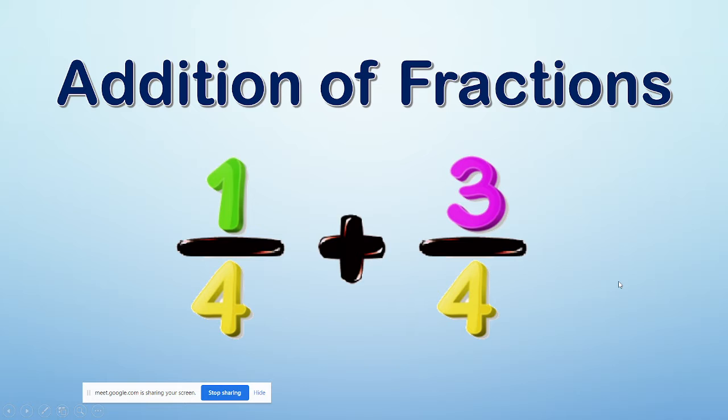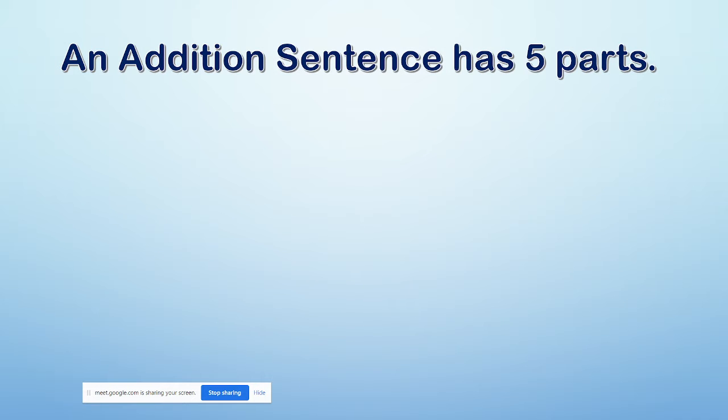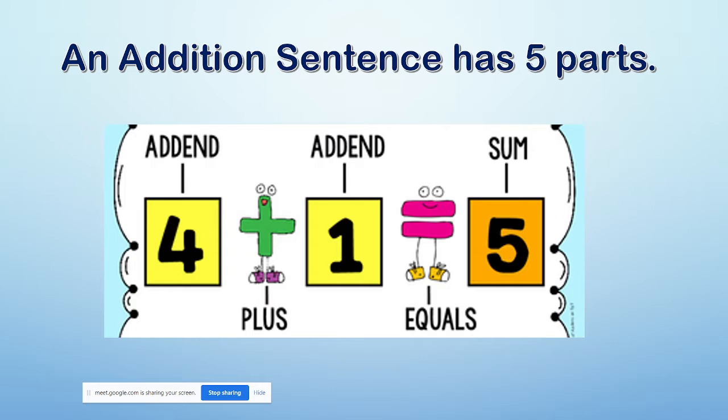When you say addition of fractions, it means you add fractions. It means you're going to use the plus symbol. You put fractions together. Next, an addition sentence has 5 parts. The first is the first number, called an addend.